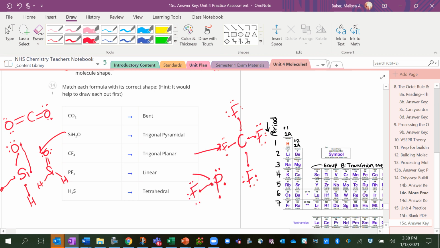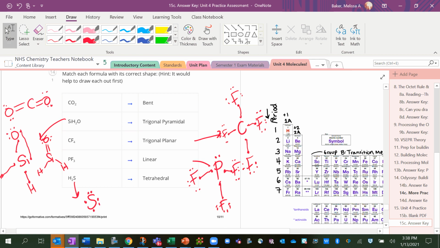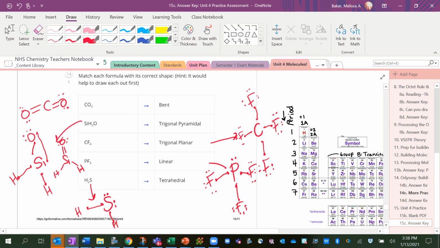And then it's got 3 fluorines, each of which can form 1 bond. So let's get these guys into place. And H2S, sort of like H2O, S has 6 valence electrons. And yay. Now we can decide which shape goes with which.